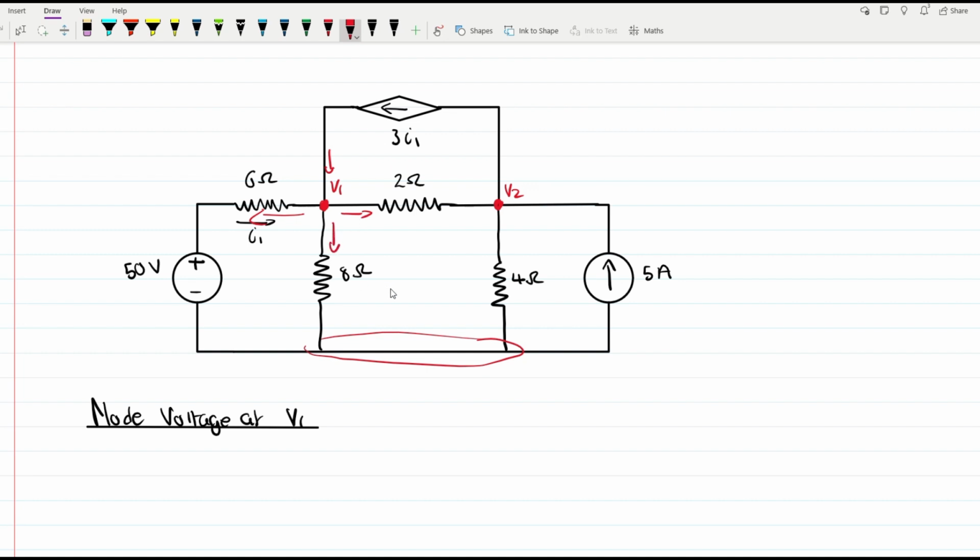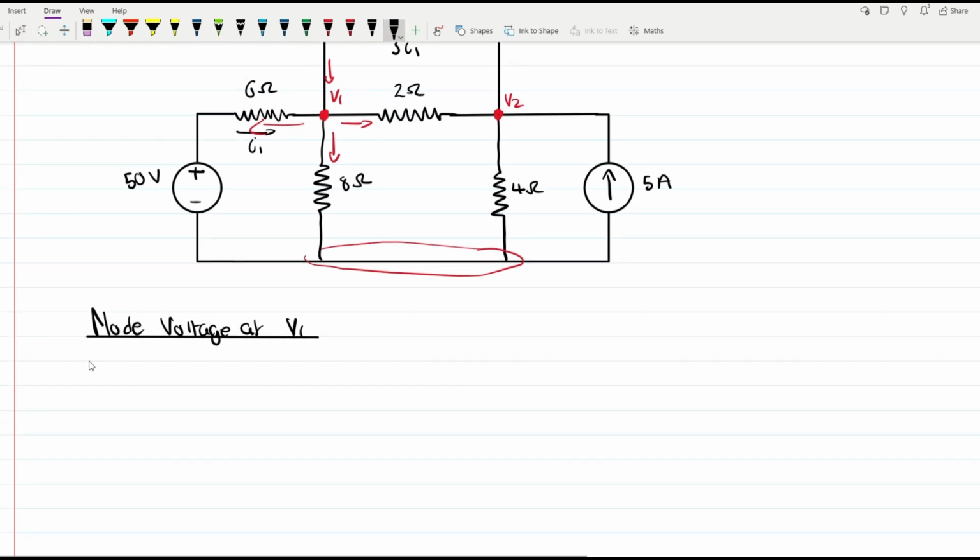So we're going to go to that node and do our node voltage analysis. For the current that's going out, we're going to have V1 minus 50 divided by the 6 ohm resistor, and then plus V1 divided by 8, which is this current over here, and then plus V1 minus V2 divided by the 2 ohm resistor, which is this current right here.